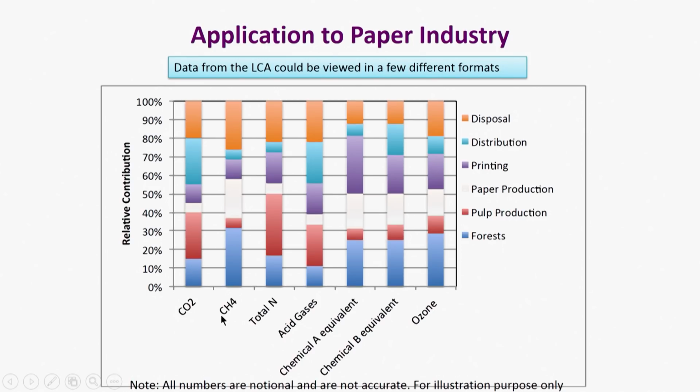In some analyses we also have a negative contribution, where people have made a lot of advances, and there is something called the carbon credit system, especially applicable in categories such as global greenhouse gas potential. We will not talk about it here; it will be discussed in another module if possible.